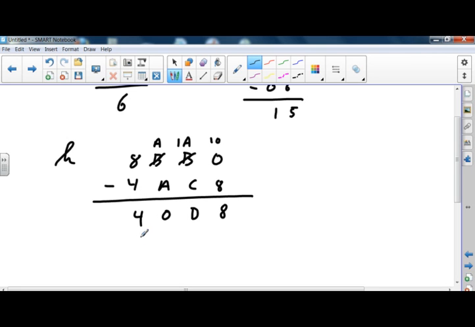I'm going to do that subtraction. My calculator is going to give me the answer in decimal. Isn't that convenient? Second function base, convert to hexadecimal, and my calculator says the answer is 4, 0, E, 8.